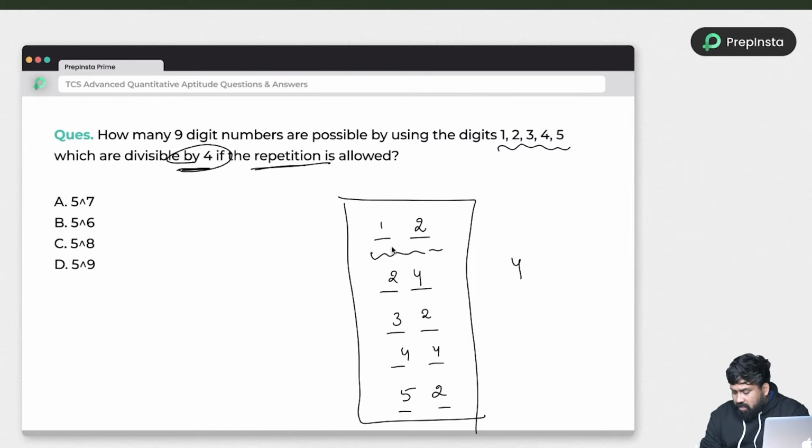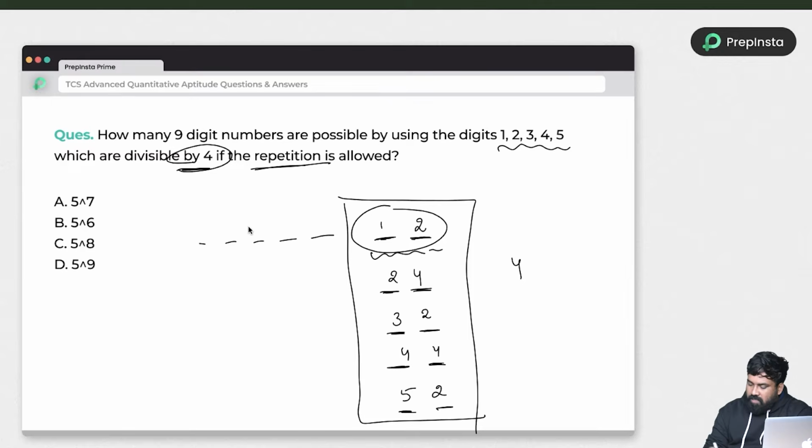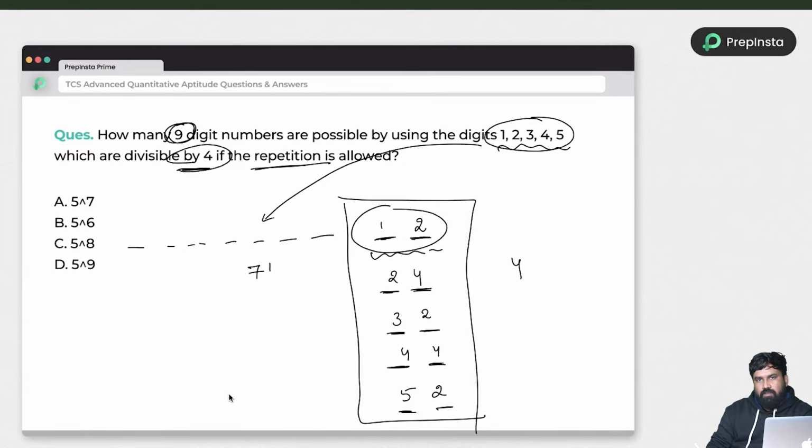So always the last two positions must be either 12, 24, 44, or 52. Then what about the remaining? Already two places got fixed in the unit digit and tens position. So to fill the other seven places, we have seven places and five numbers to fill. How can we fill?